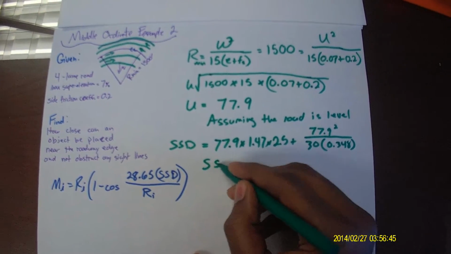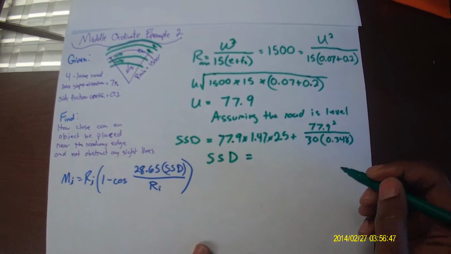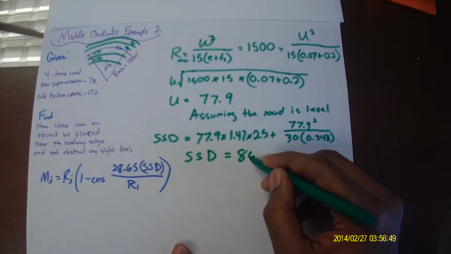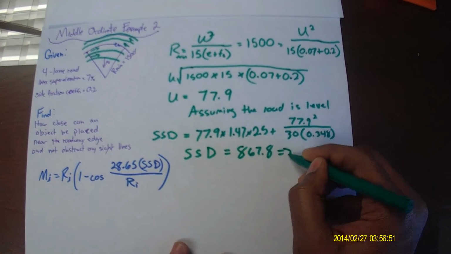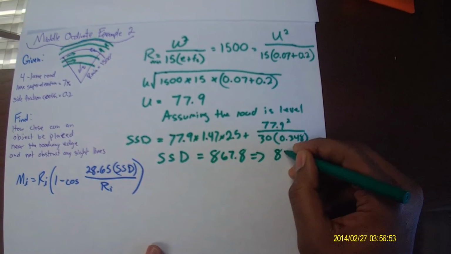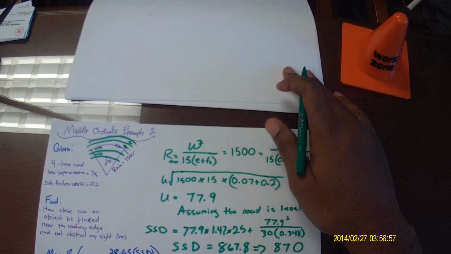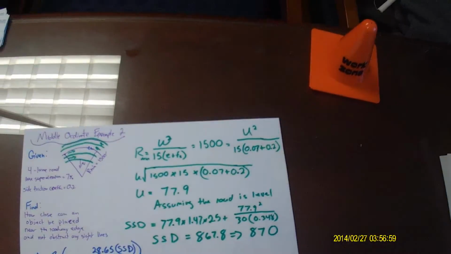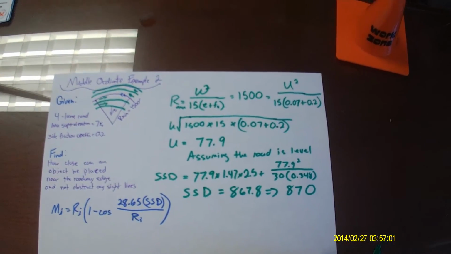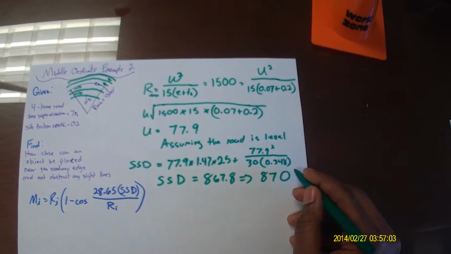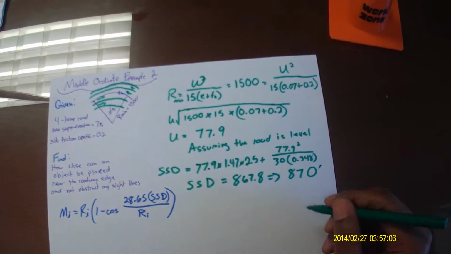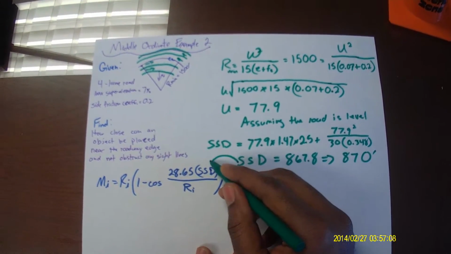That should give me a stopping sight distance equal to 867.8, in which case we are going to round that up to 870. Alright, so far so good.